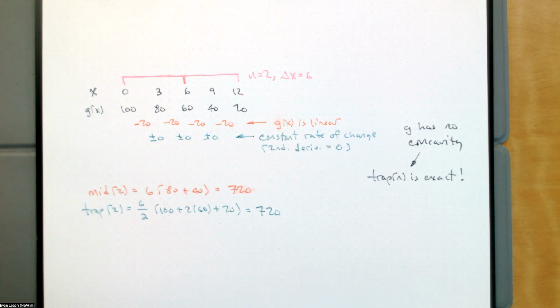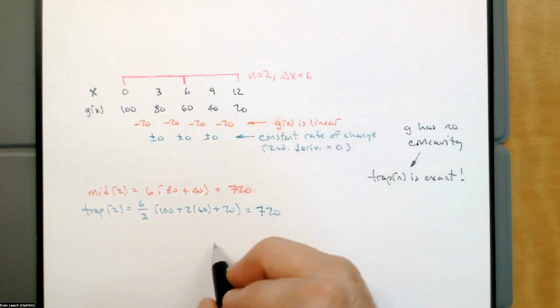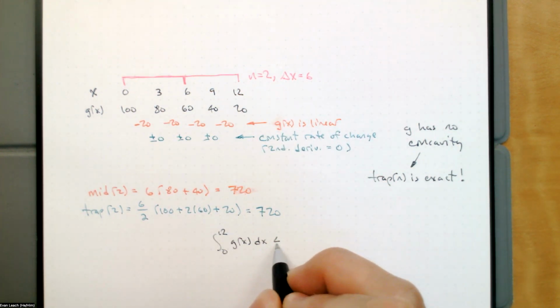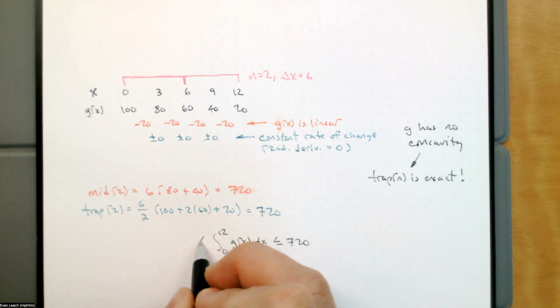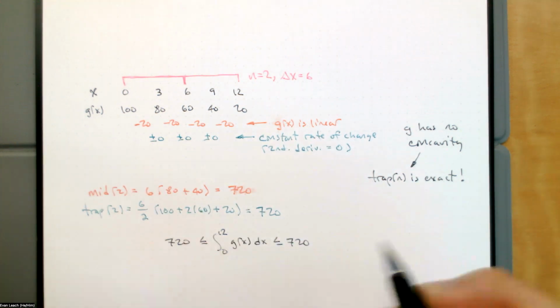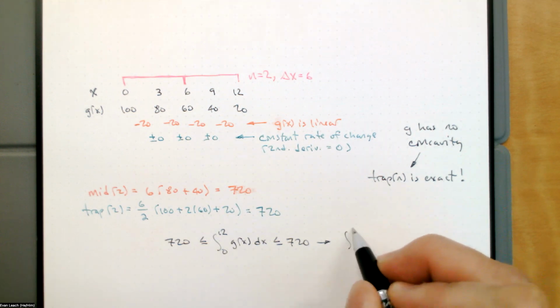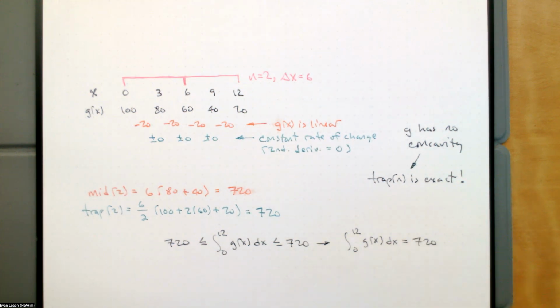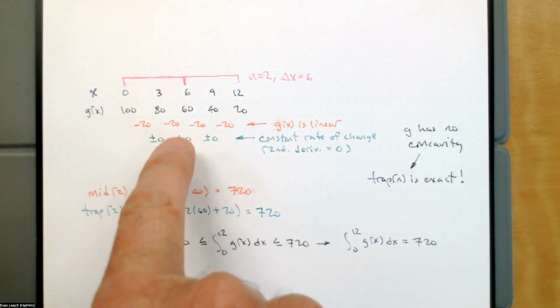And so when I stick the actual value in between those two, it says the actual value must be equal to those two. And if we calculate the average value of the function, 720 divided by 12, that gives us 60, right in the middle.